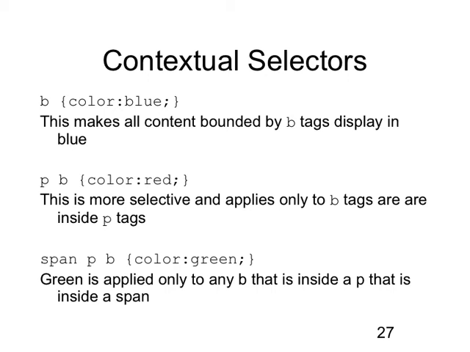And here where we have span P B, and that's going to be in green, that will only apply to a B tag that's inside in a P tag, that's inside in a span tag. But there may be times when you want to be that specific.